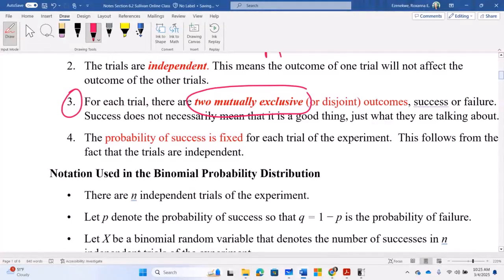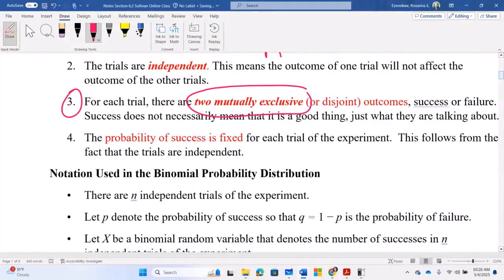We're not talking about bias here. In probability, everything must be unbiased. We say fair coin, which means an unbiased coin.